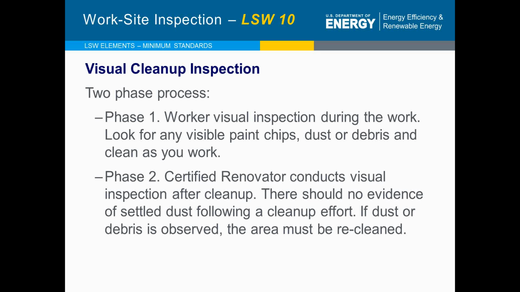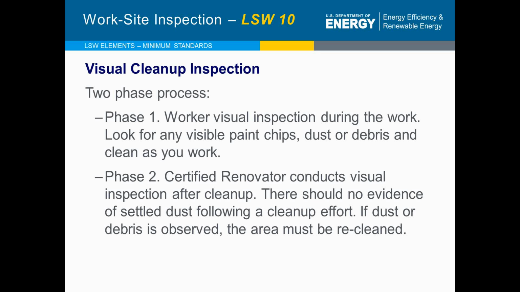I should say a visual inspection. And it could be at this point in time that, if it's determined by the certified renovator that it has not been cleaned properly 2 feet beyond containment, or there's dust and debris that has gone way beyond that work area, the space would have to be re-cleaned.